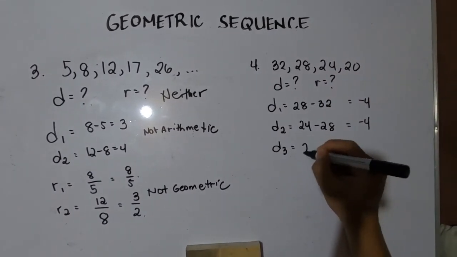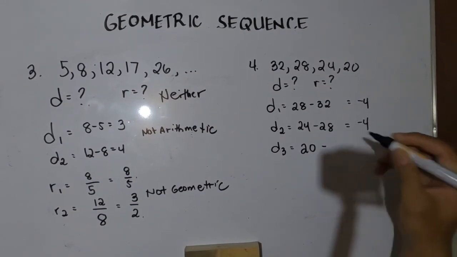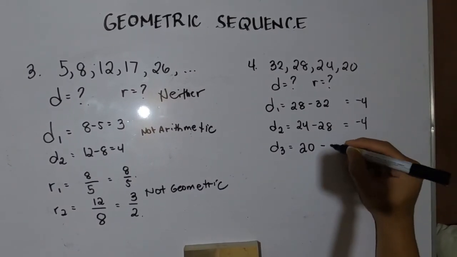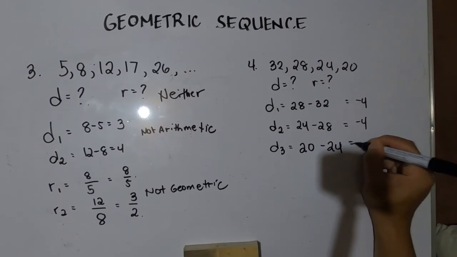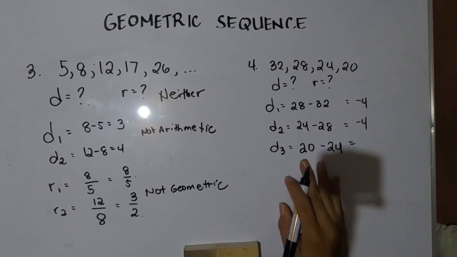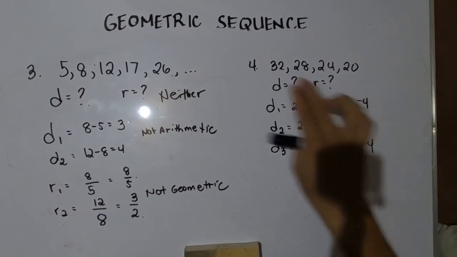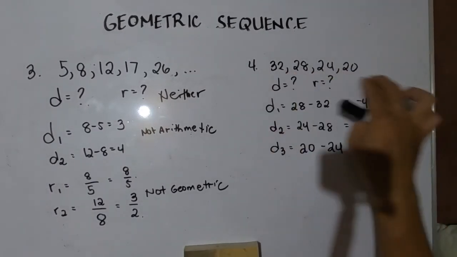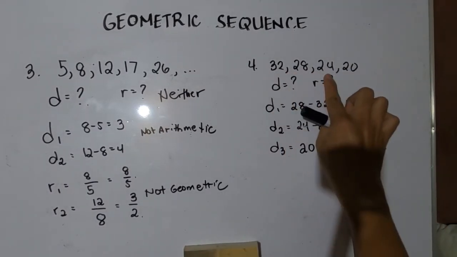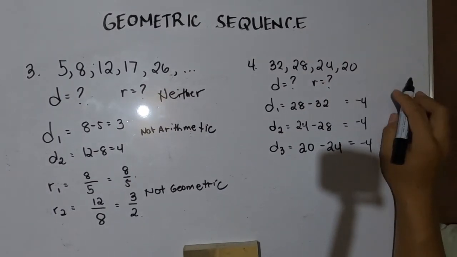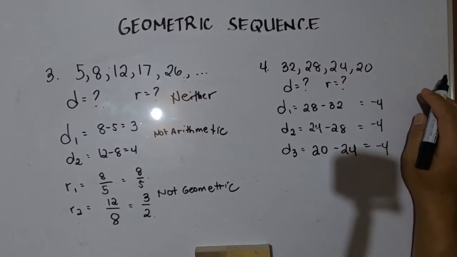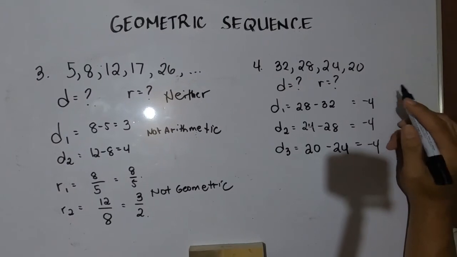The fourth term is 20. The third term is 24. 20 minus 24 is negative 4. Therefore, in any consecutive terms in the sequence 32, 28, 24, 20, they have common difference of negative 4.